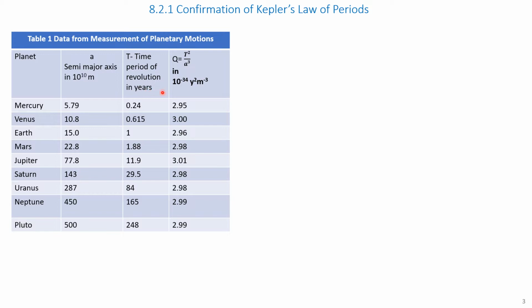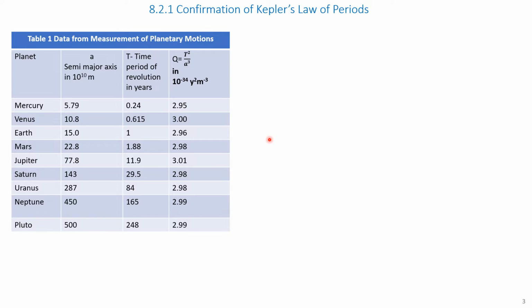The last column, the fourth column, gives the quotient Q equal to T squared by a cubed, the formula of Kepler's law of periods, in units of 10 to the power of minus 34 year squared per meter cubed. Please examine this data; it confirms the satisfactory application of Kepler's law of periods.